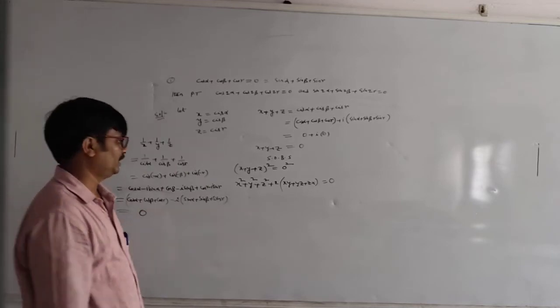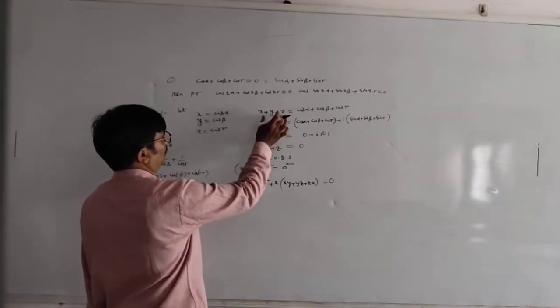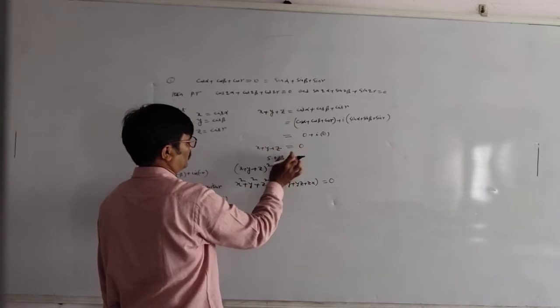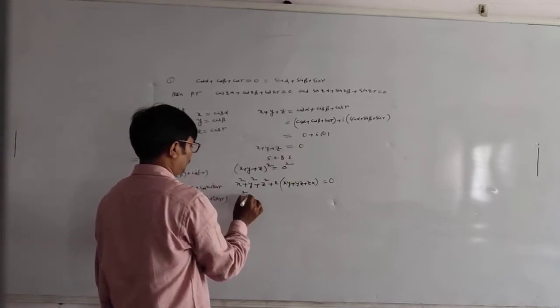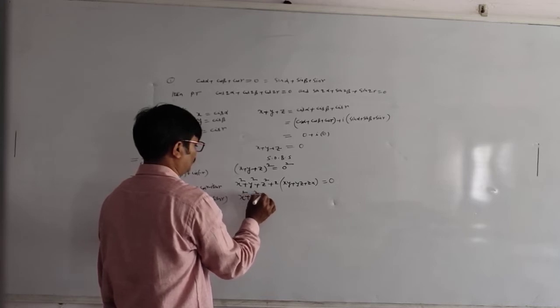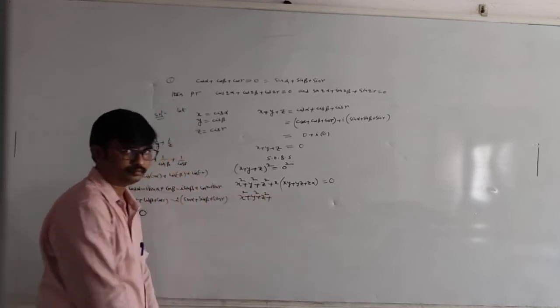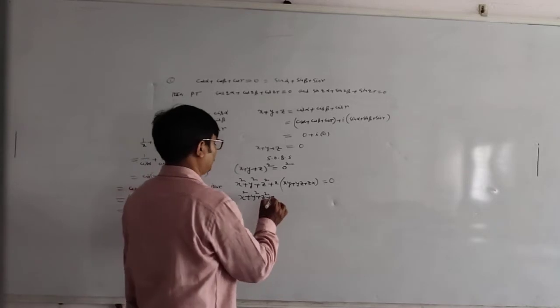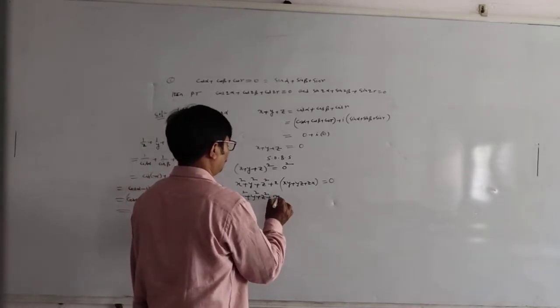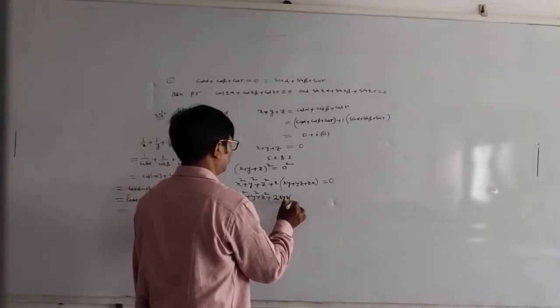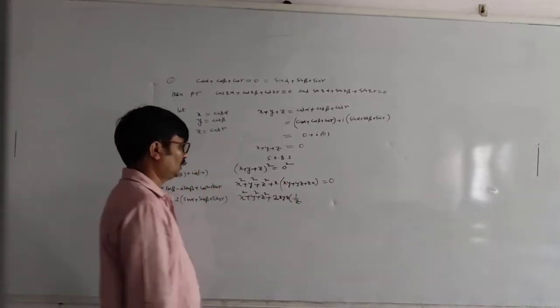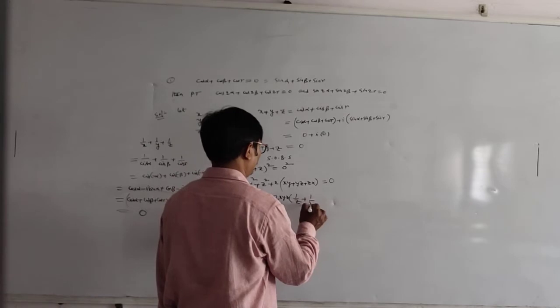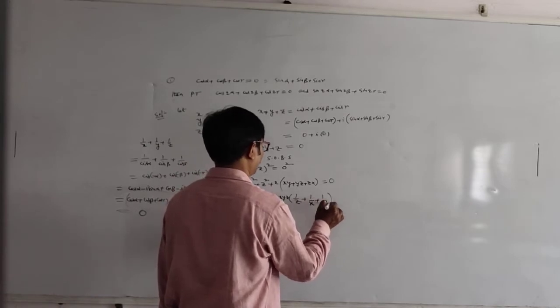So students, we also have x plus y plus z equals 0. Squaring both sides, a square plus b square plus c square, this can be written as x square plus y square plus z square plus 2 into xyz common, times 1 by z, 1 by x, 1 by y.